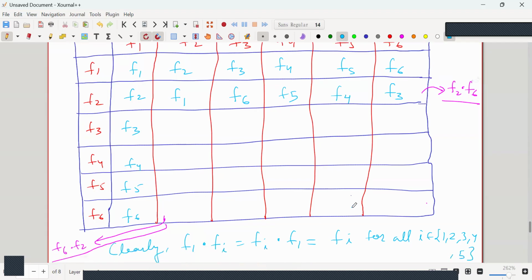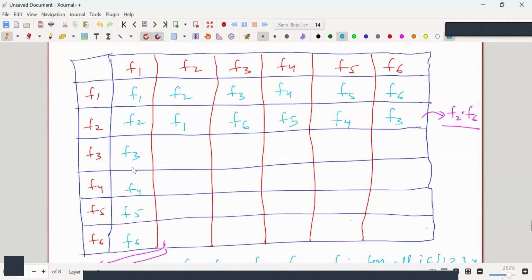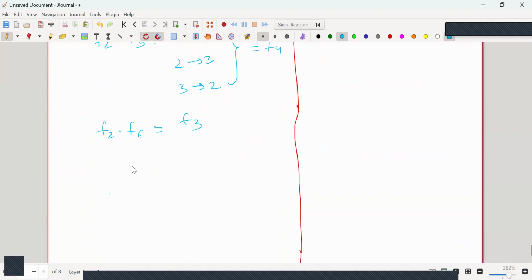So next we need to find the entries in this row. So first thing to obtain is what is F3 compose F2, right? Give me a second.